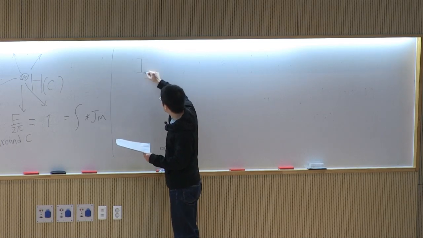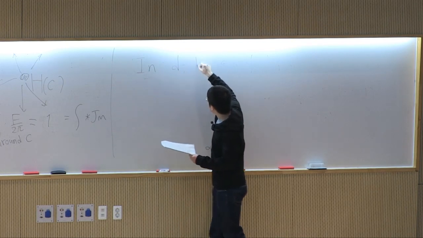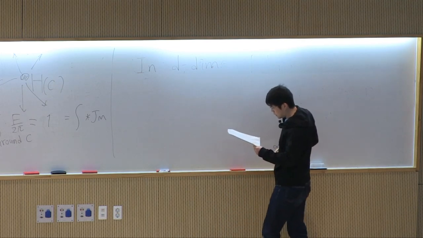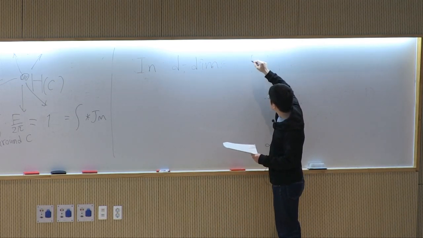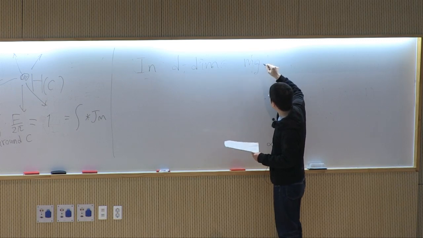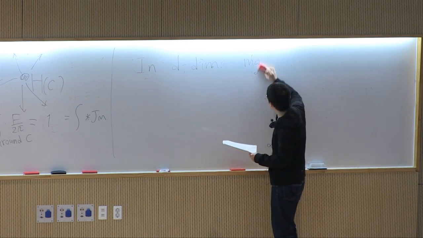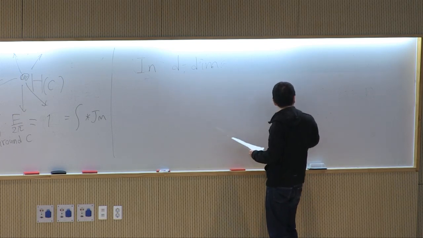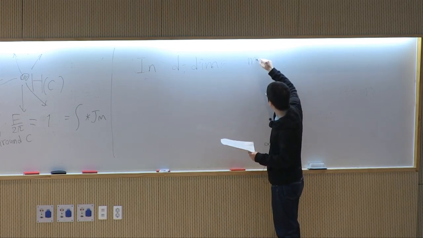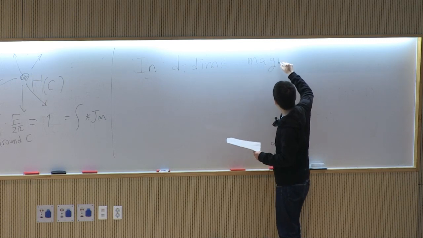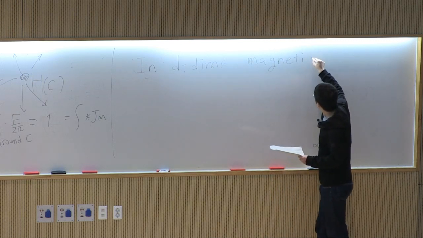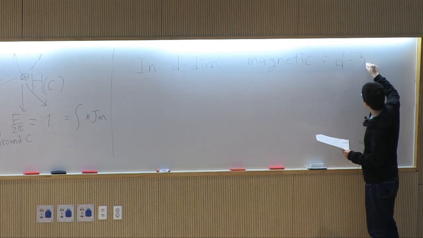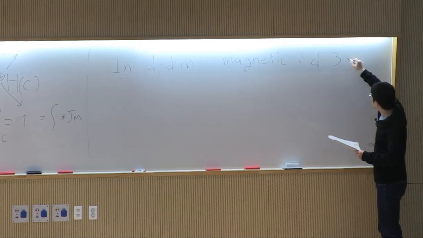More generally, in D space-time dimensions, this magnetic symmetry is a D minus 3 form symmetry.